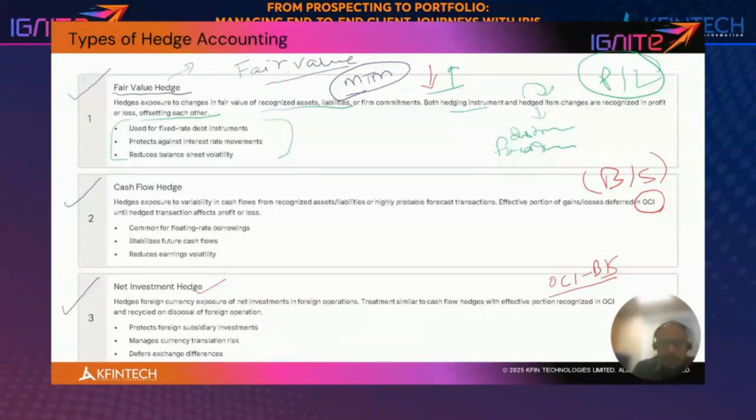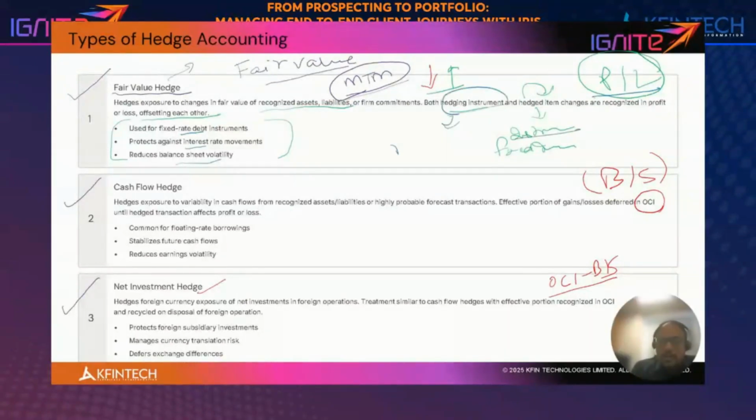So let's understand what is the difference. For fair value hedge, MTM should be recognized and it should go through the P&L. It is used for fixed rate debt instruments, protects against interest rate movements, and reduces balance sheet volatility. That means for any fair value hedge, the mark to market has to go through the P&L, and it is for both the instrument which is being hedged and the hedging instrument.